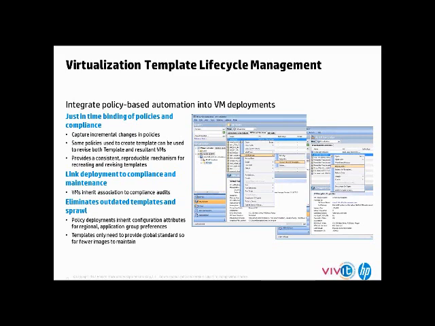Either they need to be refurbished, or they need to be shut down. So that way you have control on what's happening in your virtual environment. So this is the power of a virtual appliance.